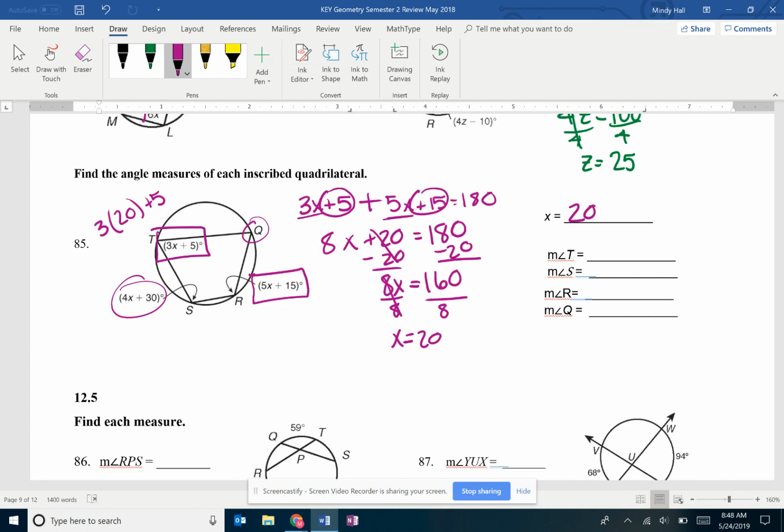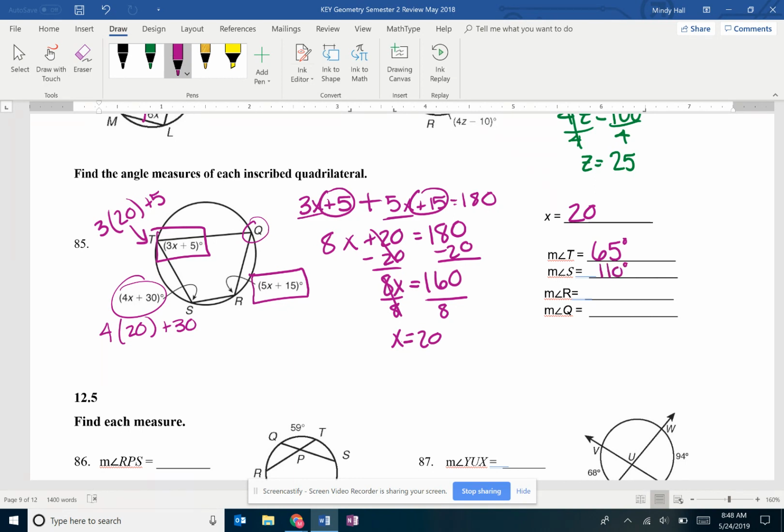And 3 times 20 plus 5 is 65 degrees. And again, just make sure you're talking about the right angle. This is angle T, so we are good. So then angle S would be this one in the circle. So 4 times 20 plus 30. 4 times 20 is 80, plus 30 is 110 degrees.